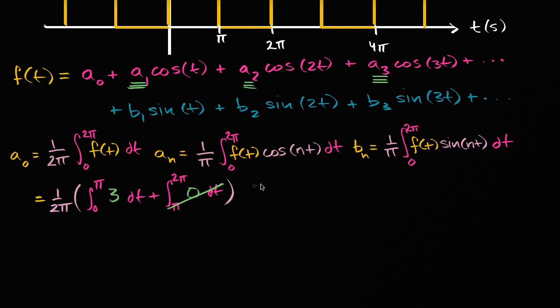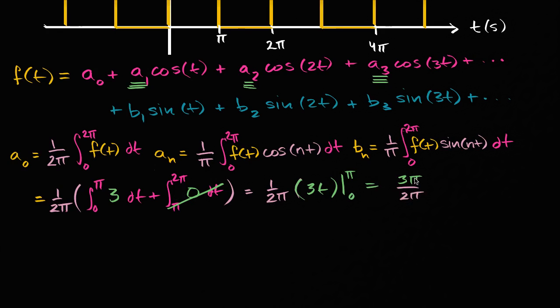Well, this is going to be equal to 1 over 2 pi times, if you evaluate this, the antiderivative of 3 would be 3t evaluated from 0 to pi. And so it would be 3 pi minus 3 times 0, which is just 3 pi. So it's equal to 3 pi over the 2 pi that we had already.